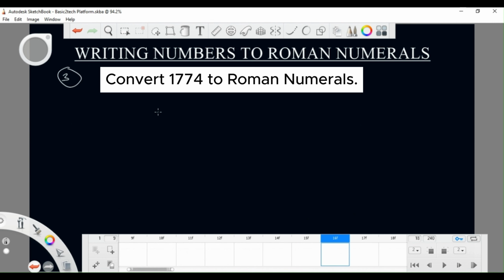Question number 3. Convert 1774 to Roman numerals. Again, you have to break these things into hundreds, tens, and units. These are units. These are tens.